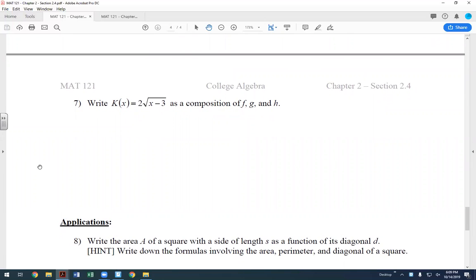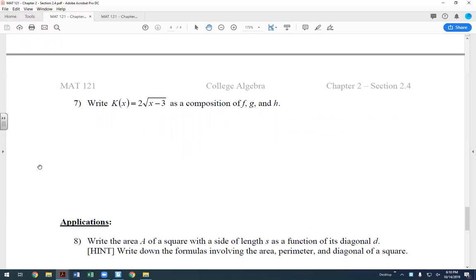I have one here, but I'll give you one extra one to work on just to make sure you are comfortable with this. So our large function is 2 times square root of x minus 3. They're actually asking us to break it down into 3 simpler functions, so f, g, and h.